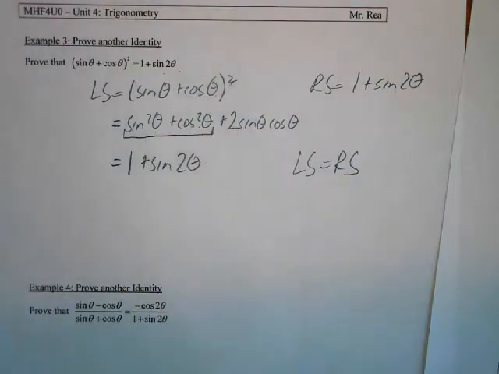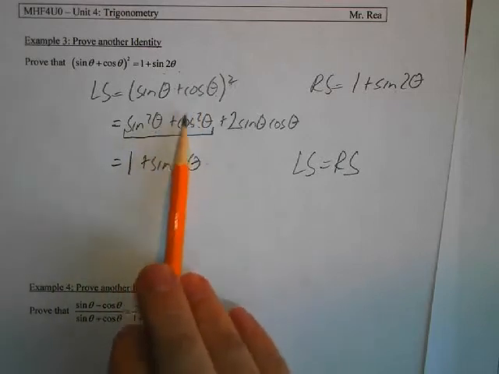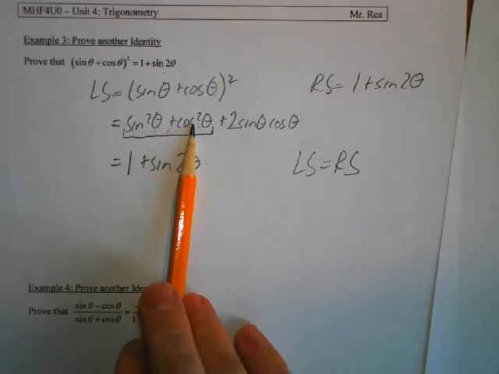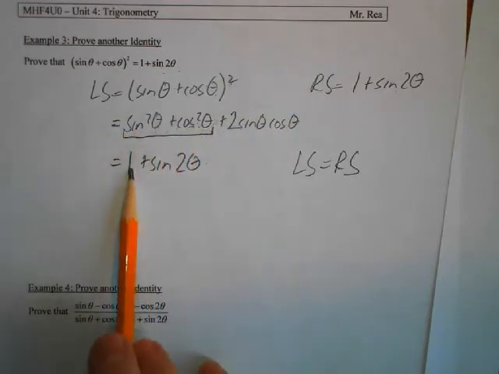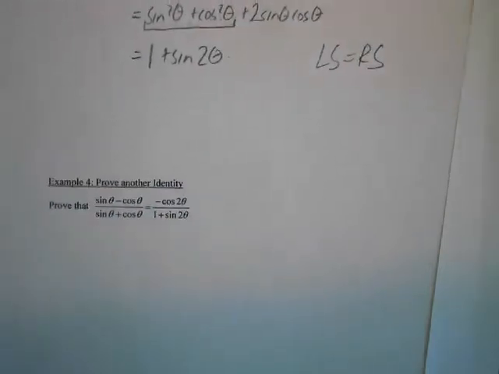It also helps that maybe I saw this ahead of time and I wrote these 2 terms first and second and this term third, which allowed me to group these together into the 1. Okay, so that wasn't too bad.